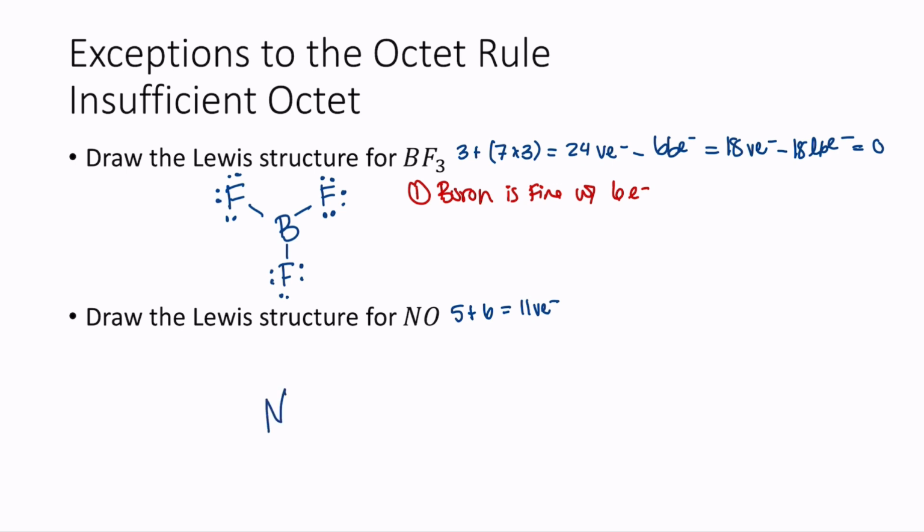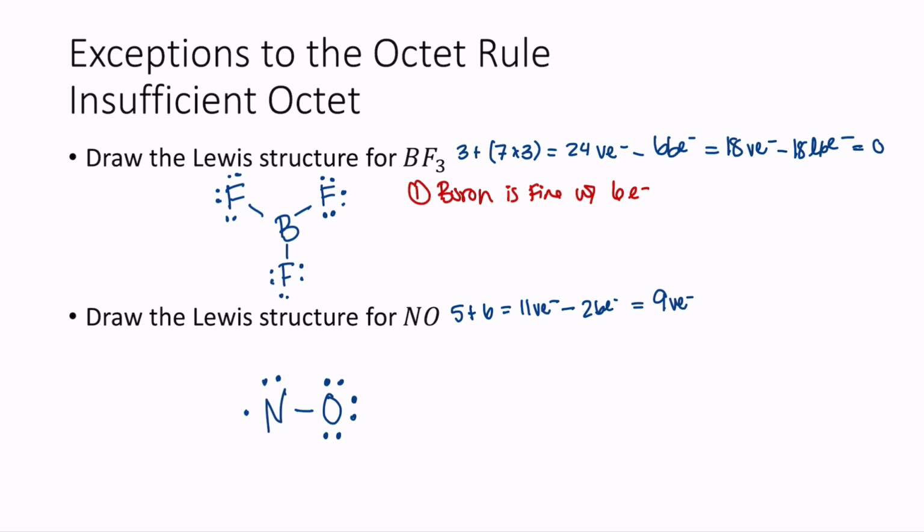And what happens is I can have one bond. That's going to be minus 2 bonding electrons. So I have 9 valence electrons left to work with. So I can do 1, 2, 3, 4, 5, 6, 7, 8, 9.